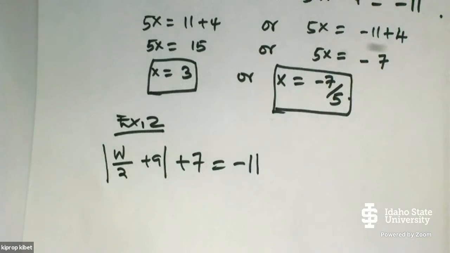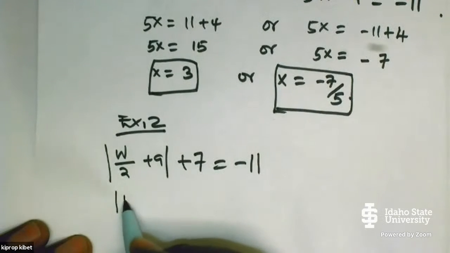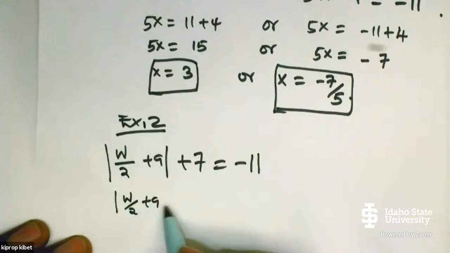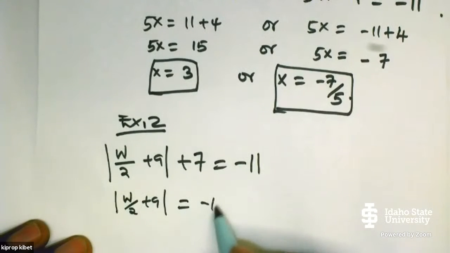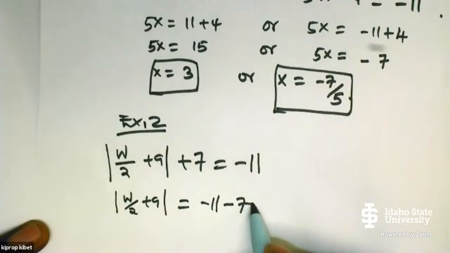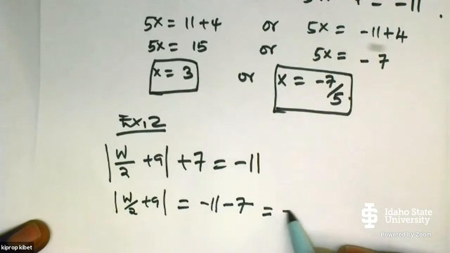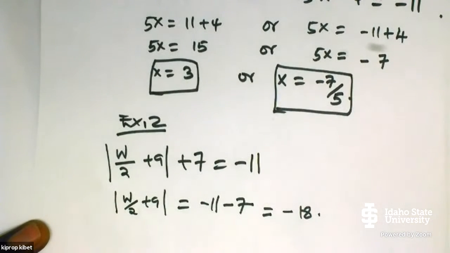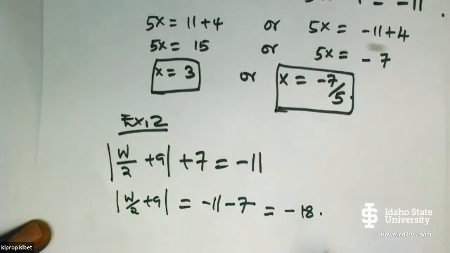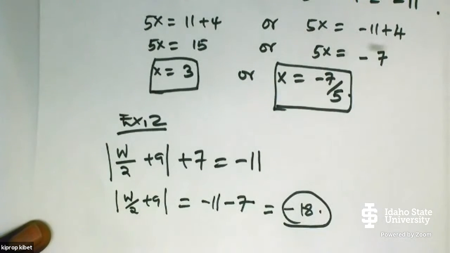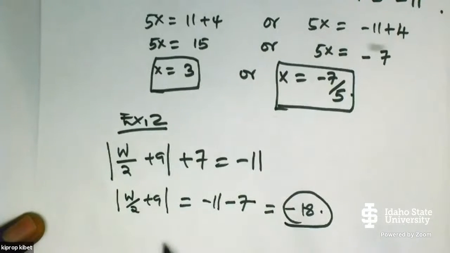We need to isolate the absolute value. So the absolute value of this plus 9 equals minus 11 minus 7, which equals minus what? 15. Therefore, since this one is negative, there is no solution.